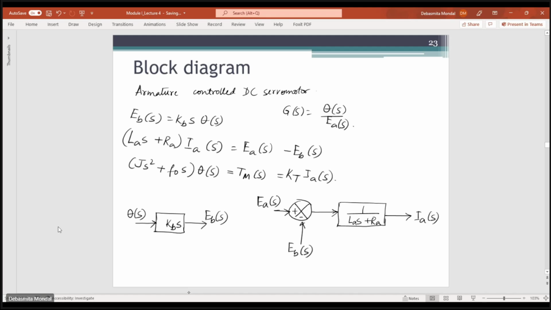This is another part of the block diagram.